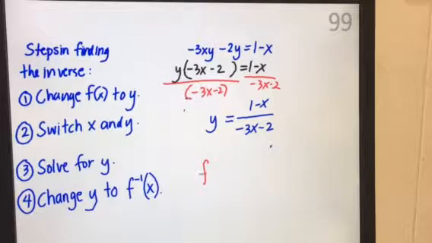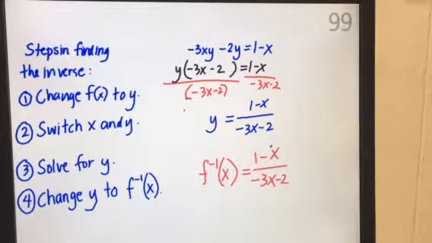So your final answer would be f inverse x equals 1 minus x over negative 3x minus 2, or this is also the same as x minus 1 over 3x plus 2.